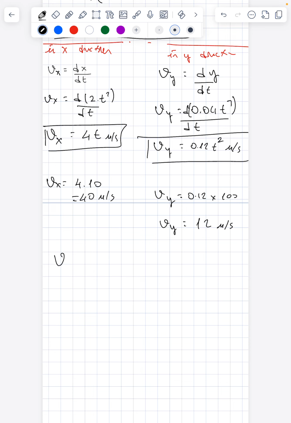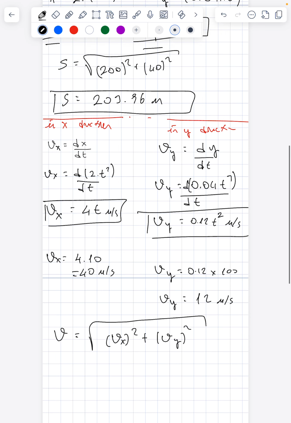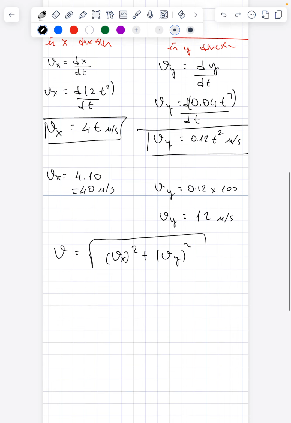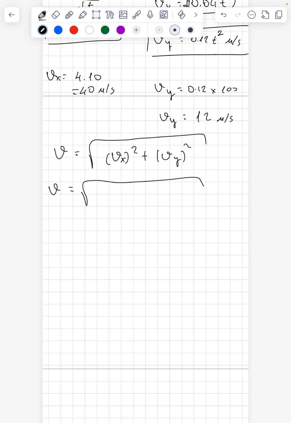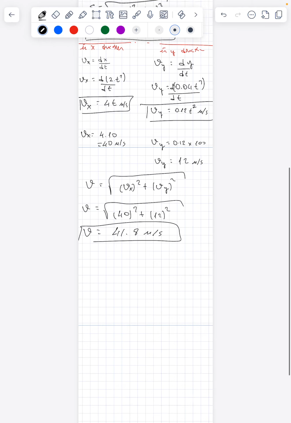This is my formula for the magnitude of v: the square root of vx squared plus vy squared. It's the same as before, guys. 40 squared plus 12 squared, I need to use a calculator right now, and it's equal to 41.8 meters per second. I found the magnitude of velocity.